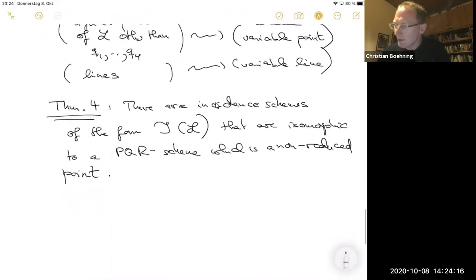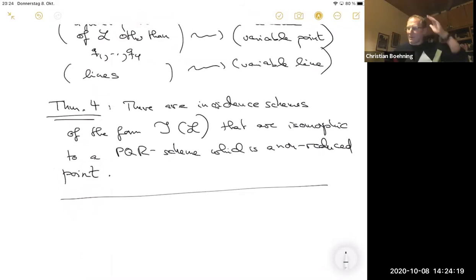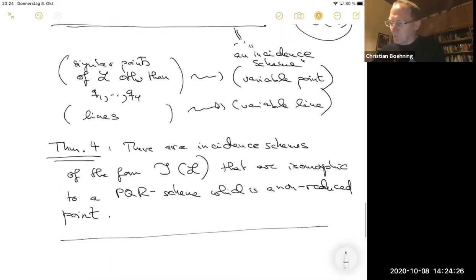Yes, and yes, what is the idea of the proof? I mean, the rough idea is this. First of all, one observation is that if you want a generalized incidence scheme, and there is a variable line in it which is required to pass through two fixed points, then you can pass to an isomorphic generalized incidence scheme where this line gets replaced by a fixed line.